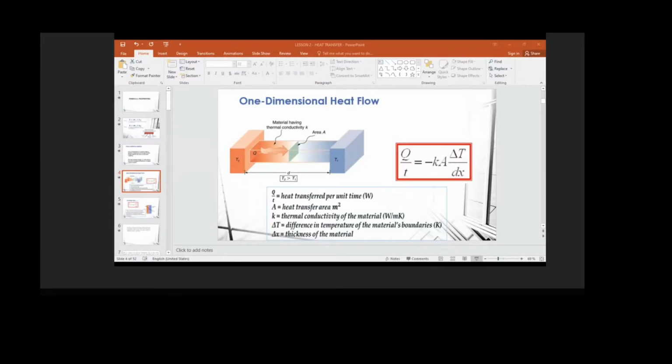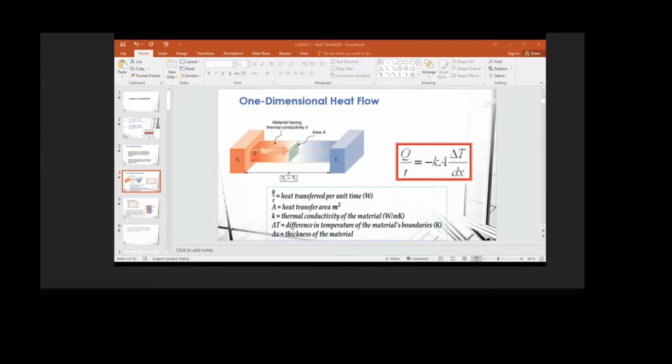If you look at the diagram, the heat is being transferred from T2 to T1, so there's a change in temperature from T2 to T1. So delta T is the difference between T2 and T1.